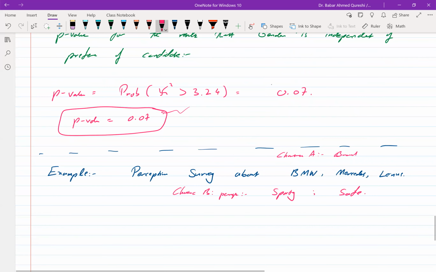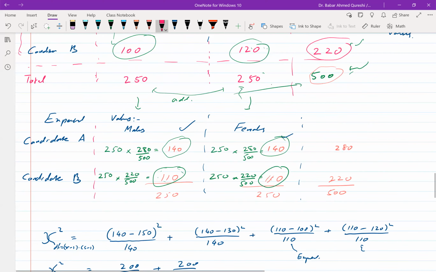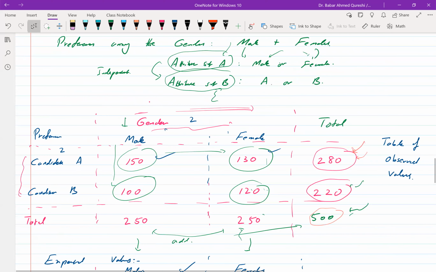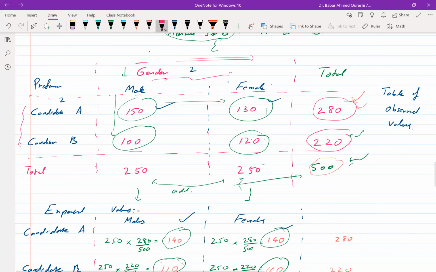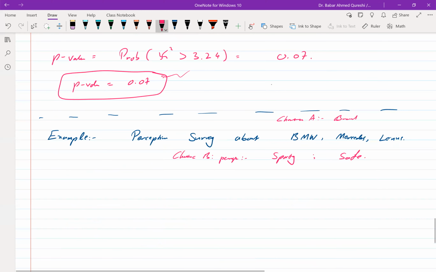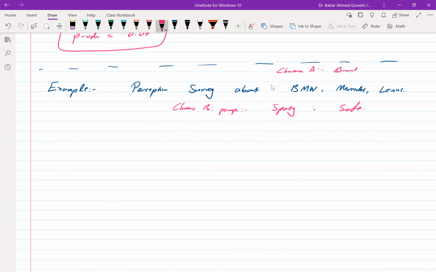So now the good thing about this kind of test is it doesn't matter how you create this table. You can put in columns any one attribute and put in the rows any other set of the attribute, at least as long as you have separated them into two different sets. So for example, I can draw this table. Doesn't matter how I draw. I just put randomly.